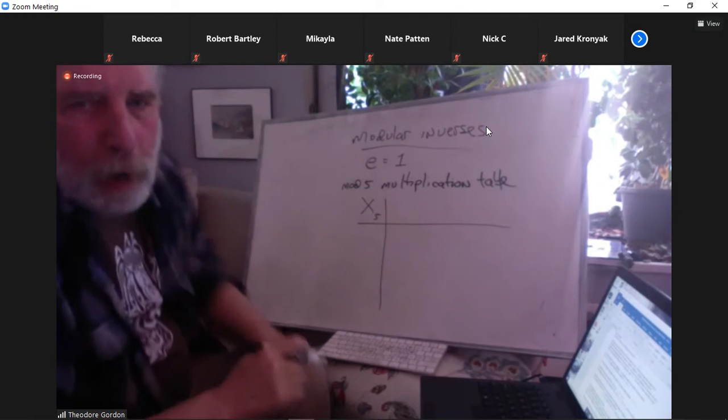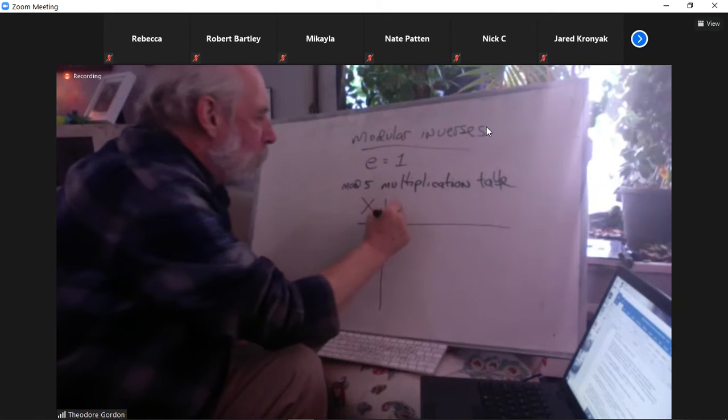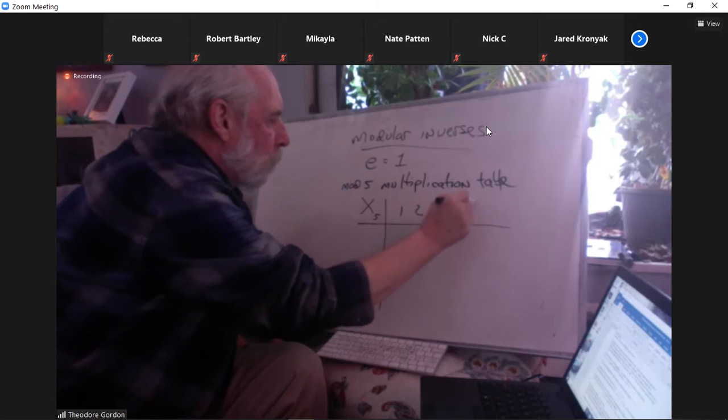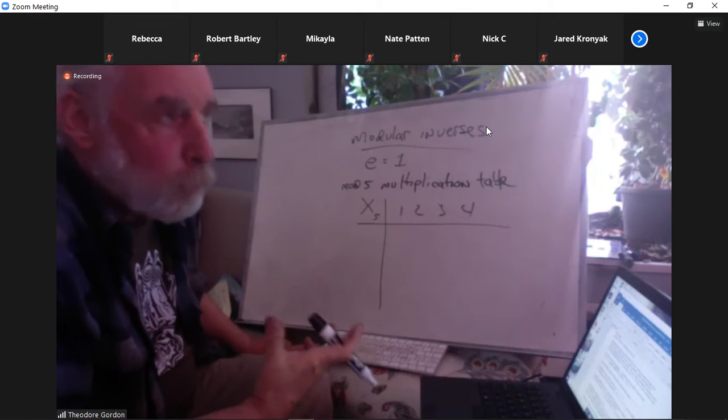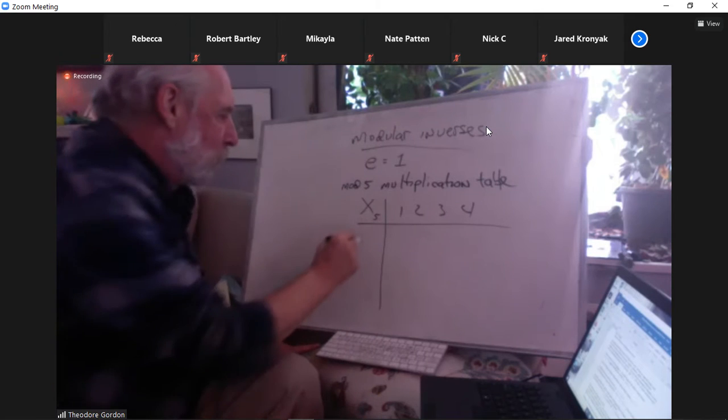I'm going to put the 5 there just to remind us. In mod 5, those are the only non-zero least residues mod 5, and we leave 0 out.